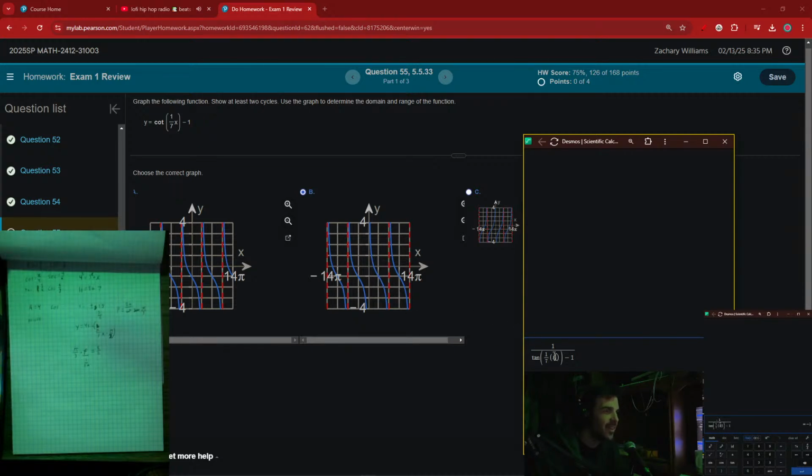Okay, we knew that already. And have a y value of 0. How would we be able to tell?